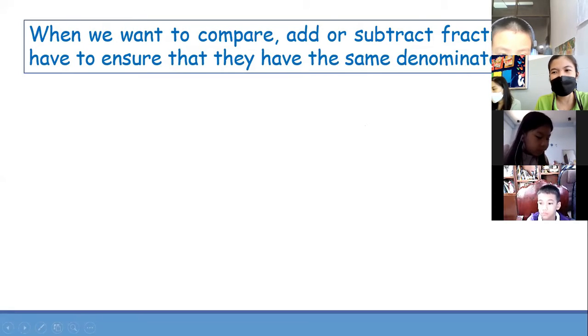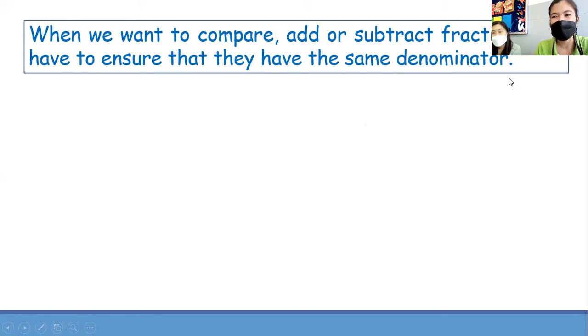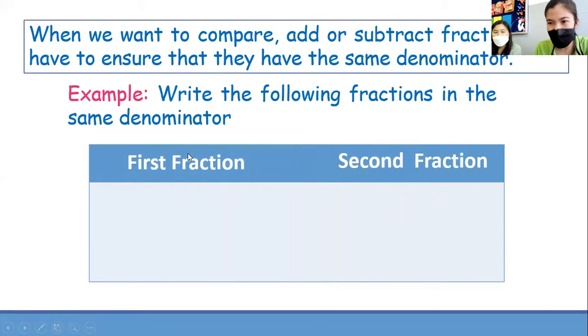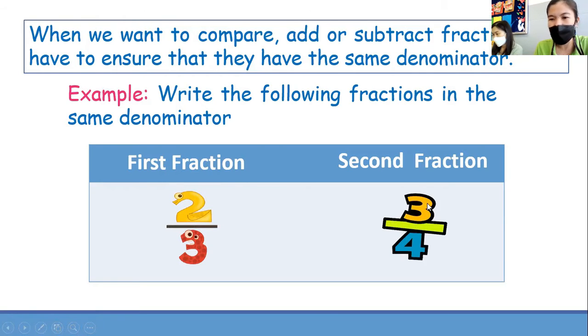Okay, so let us try. Let us have an example. How are we going to convert the fractions? Example, we have to write the following fractions in the same denominator. Let us use 2/3 as our first fraction and we have 3/4 as the second fraction.